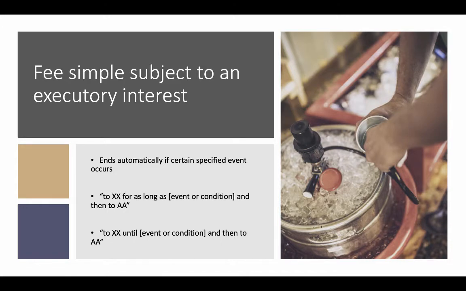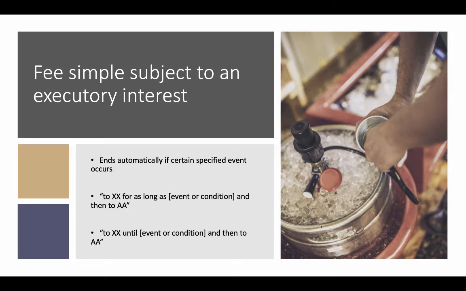Now, of course, the original owner doesn't have to retain that possibility of reverter. Instead, he can give that interest to a third party. And if he does so, that interest that the third party holds is actually called an executory interest. We call it that because in law, something that is executory is something that hasn't yet taken effect, but it potentially can take effect.